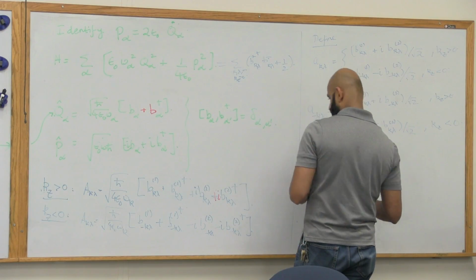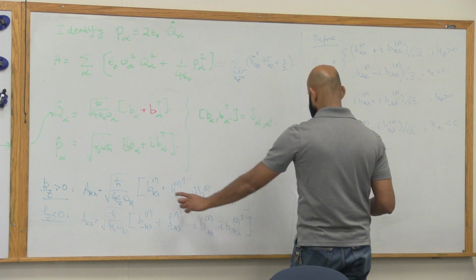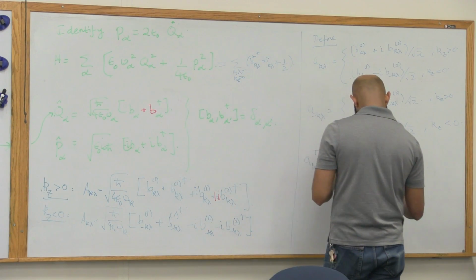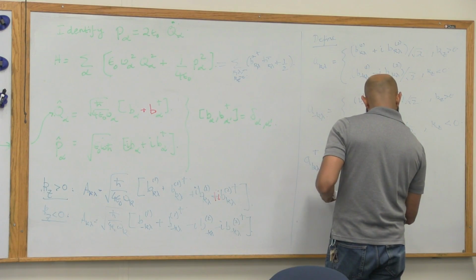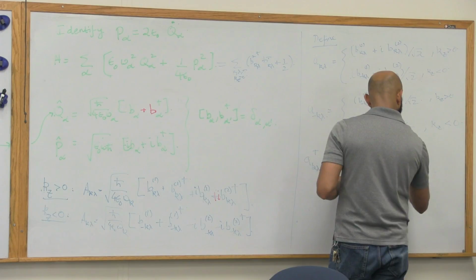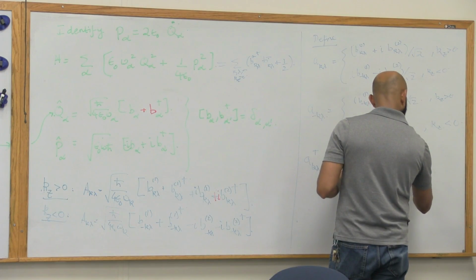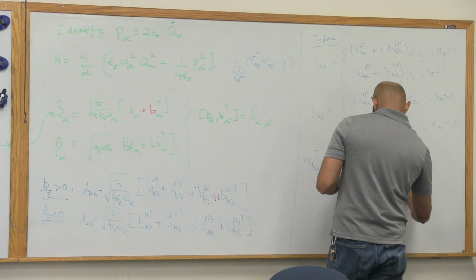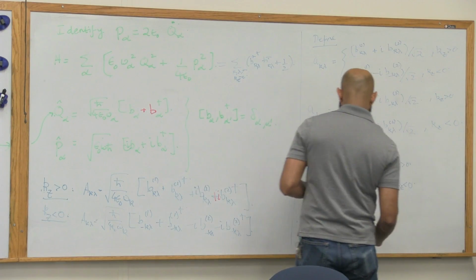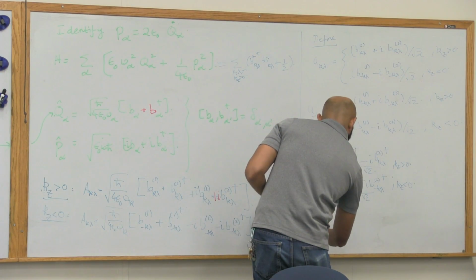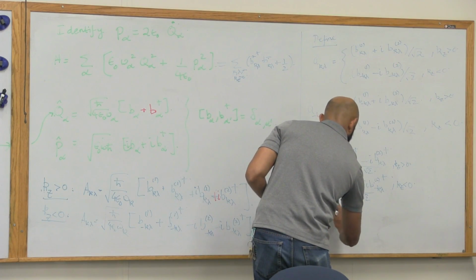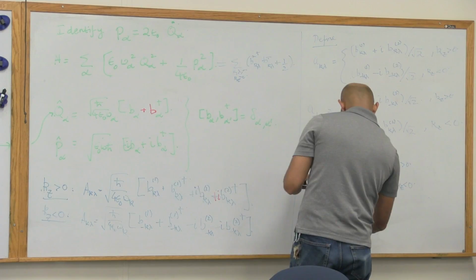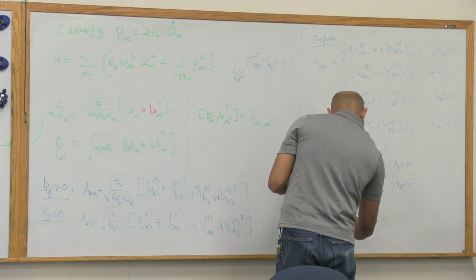I know it looks complicated, but we have made this new definition, so it's just a matter of following the algebra. And similarly, we can also define a_minus k lambda simply by taking the minus sign on these k's.